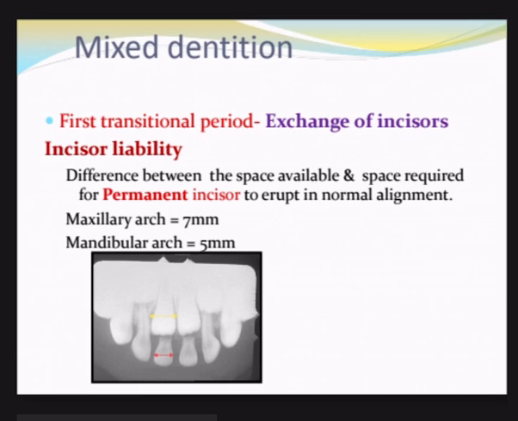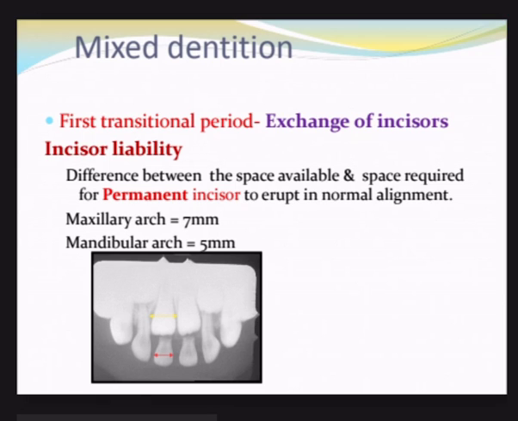I know it is a little difficult to understand, but if you listen properly, you'll get this. So physiological spacing is one of the ways in which we accommodate the incisors. We won't get 7 mm with just this physiological spacing, so we will also depend on an increase in intercanine arch length and width.